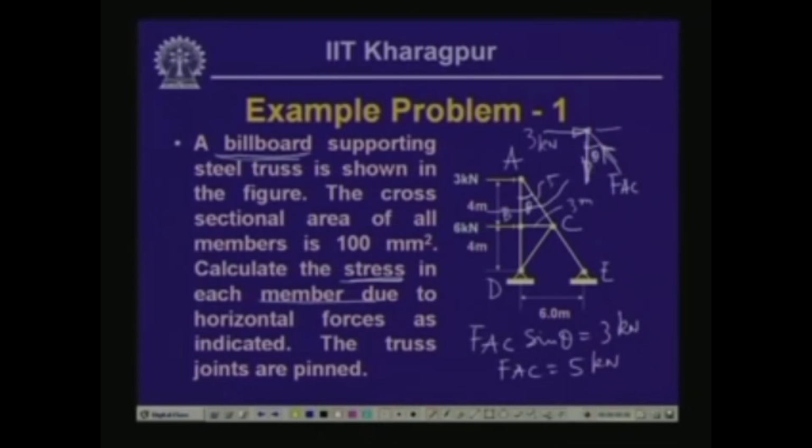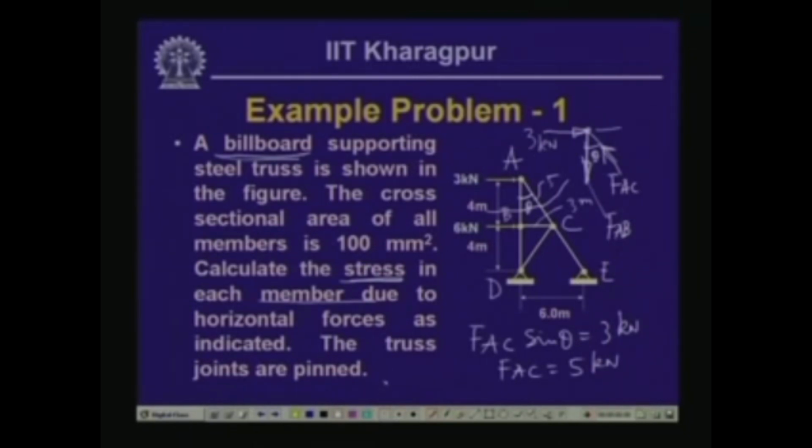If we take the vertical equilibrium of the forces, and if we call this force FAB, then FAC cos theta minus FAB is equal to 0, that is the vertical equilibrium.